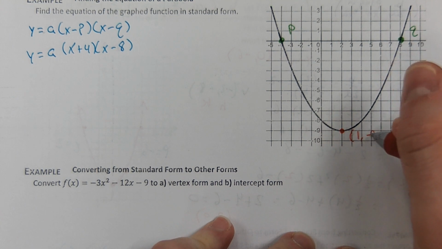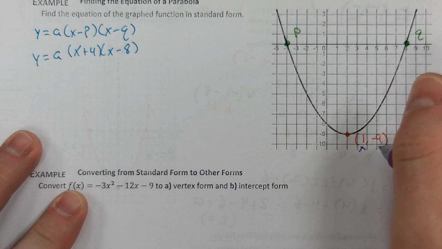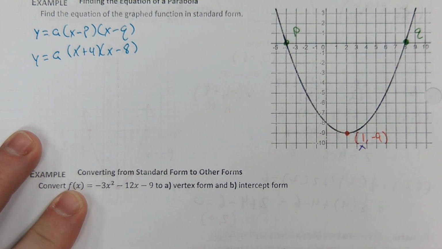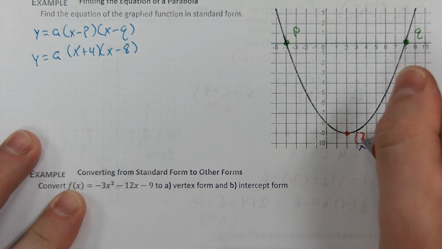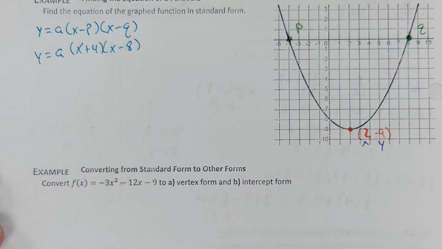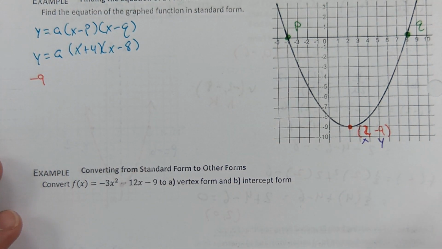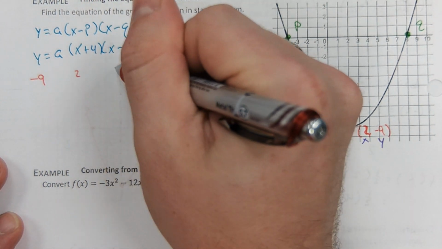2, -9. Let's plug those two numbers in, because that's an x and a y. So I've got -9 equals, and everywhere I had an x, I'm going to put a 2 in. So we'll put a 2 there, and we'll put a 2 there.